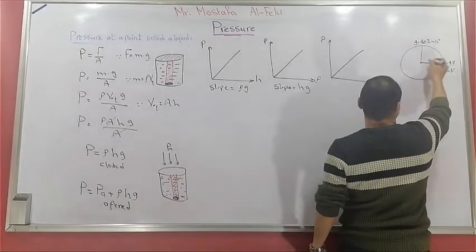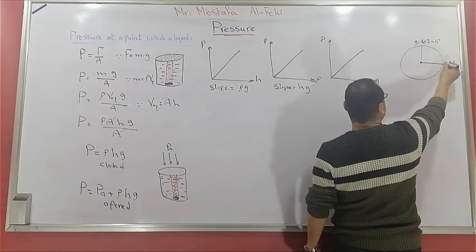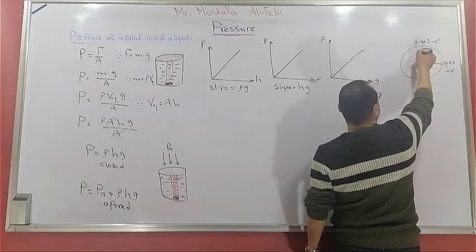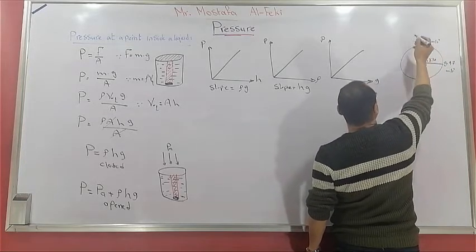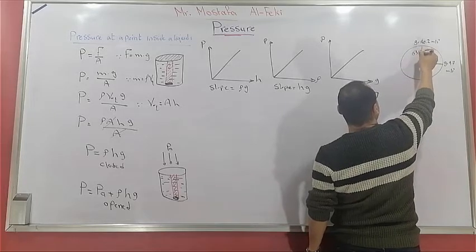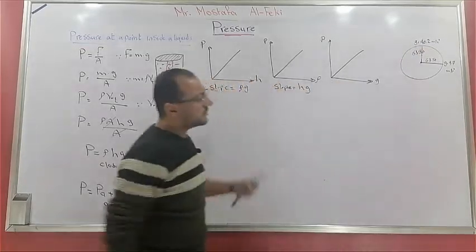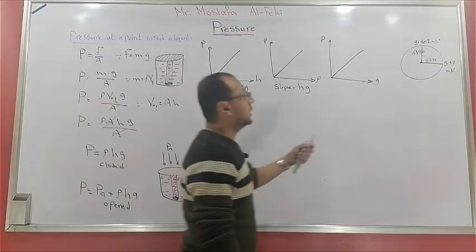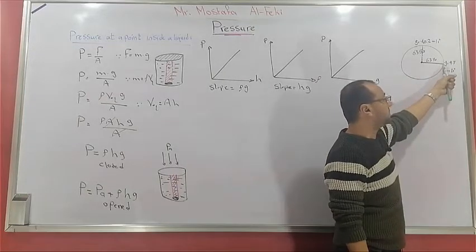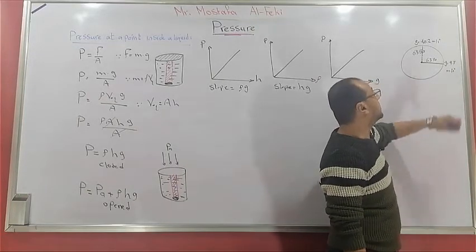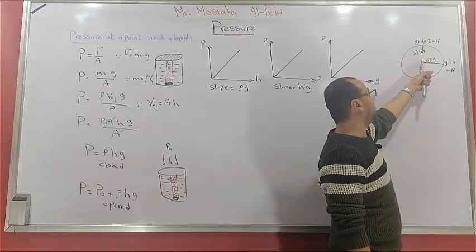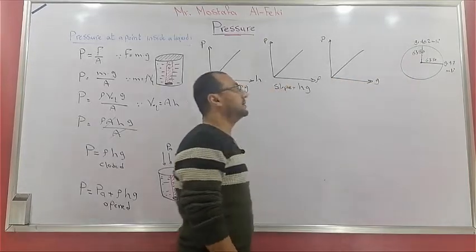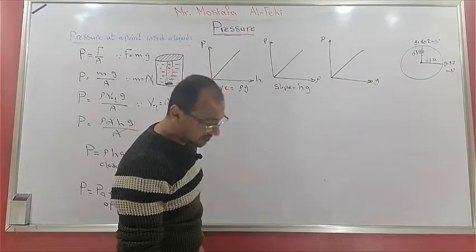Because the distance from the center of the earth to its surface is 6,370, and from the center of the earth to the two poles is approximately 6,358 or 6,350. When the distance between the center and the surface increases, the gravity decreases. When the distance between the center and the surface of the earth decreases, the gravity increases.